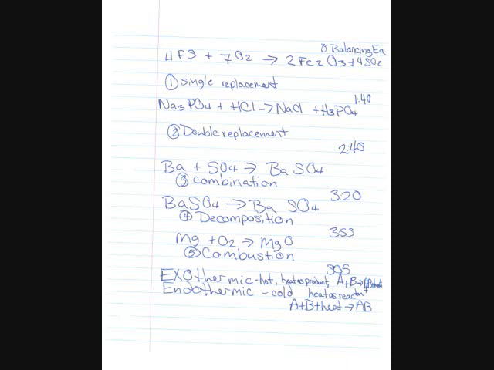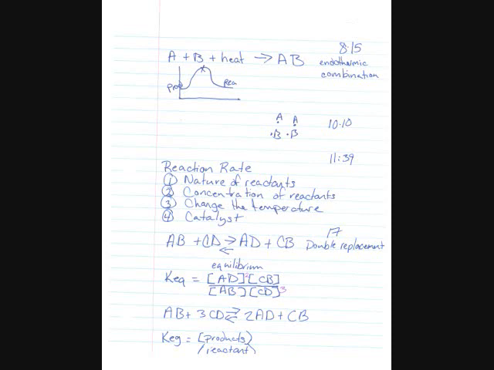So, when we have these reactions going on, there's different things that we can do to speed them up. So what kind of reaction is this? It's two different kinds. Endothermic and a combination. Or a combination which is endothermic.